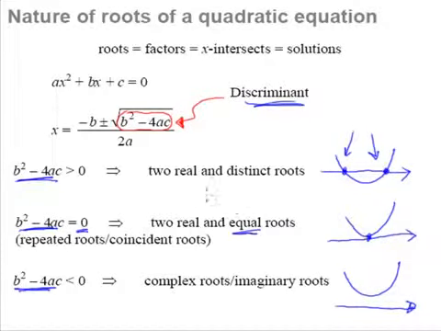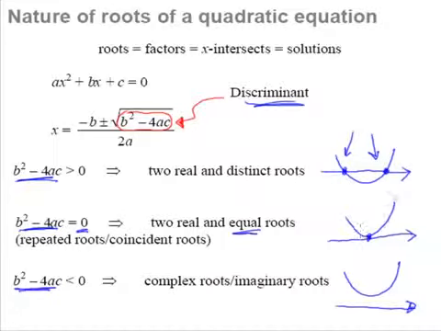So now in short, a quadratic equation can only have three different cases. The first case, it can have two intersections. We call it two real and distinct roots.